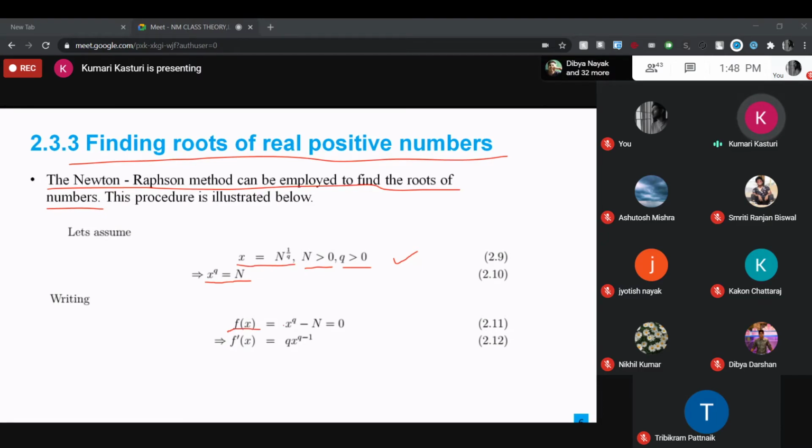So f of x is equal to x^q minus n, that is equal to 0. Whatever question is given to you, in every method I have told you, you have to rearrange your equation in the form f of x is equal to 0. Only for that we have done this step. If f of x is this, f dash of x is equal to q into x to the power q minus 1. Is that okay? These 4 equations complete?